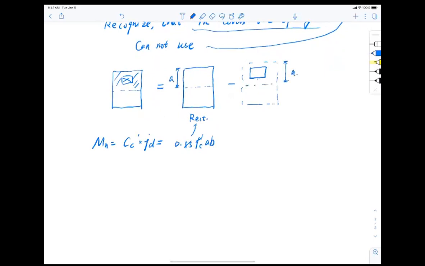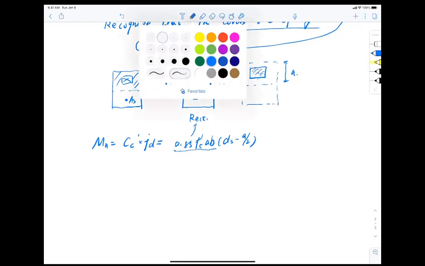The neutral axis stays the same, but 0.85 f'c a b for the rectangular part, and the distance between the compression and tension is ds minus a over 2. No surprise. And this is my As here. It is ds, okay? But now, I need to subtract this fellow here.